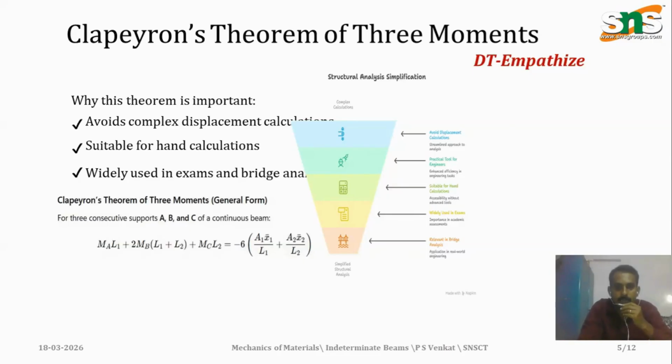With regards to Clapeyron's theorem, this theorem is also known as Theorem of Three Moments. Let's understand why it is important. It is important because it avoids complicated displacement calculations. It reduces mathematical complexity and it is suitable for manual calculations.